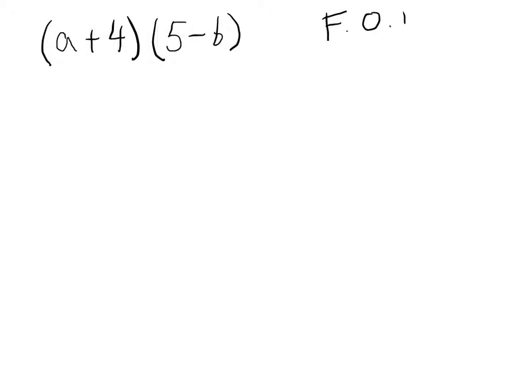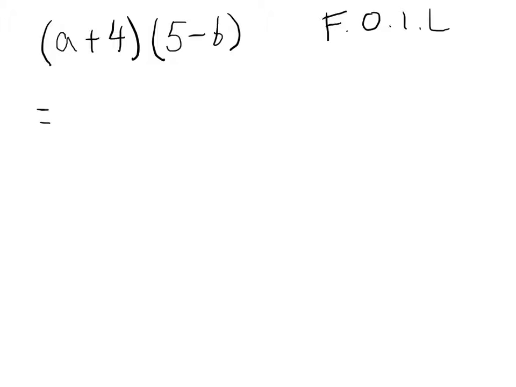Alright, so let's do one final example. Let's have different variables this time. So let's go a plus 4, and then let's make it extra hard, 5 minus b. Again, always remembering FOIL. This isn't the order you have to do it in, but FOIL is just one to help remember an order to do it in, to make sure that you have all the bits you need.